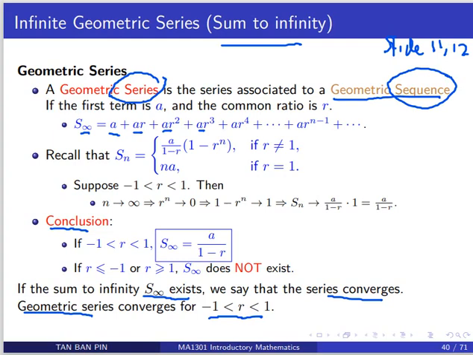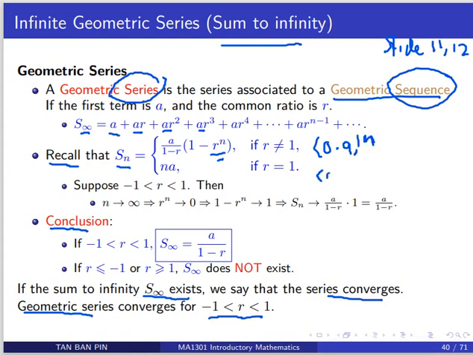Recall that previously we derived a formula for Sn. It's a over 1 minus r, bracket 1 minus r to the power n. So you'll find that Sn depends on r to the power n, and r is not equal to 1. If you choose a value r between minus 1 and 1, let's say 0.9, and raise it to power n, you'll find that you get smaller and smaller.